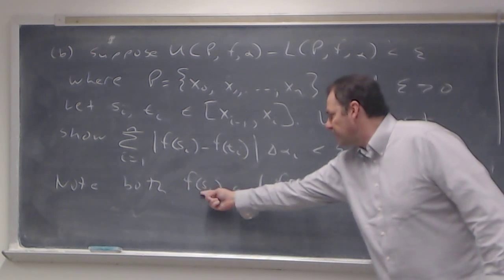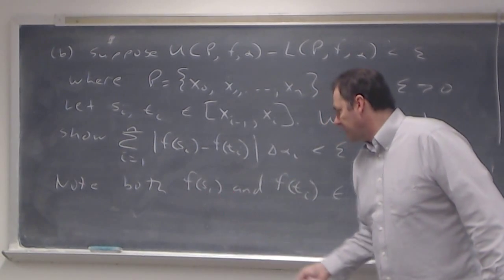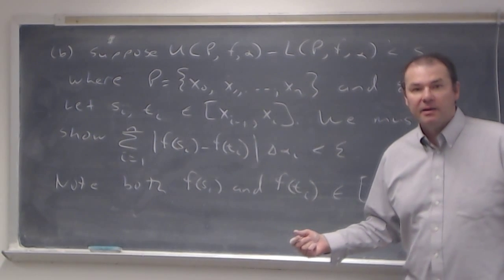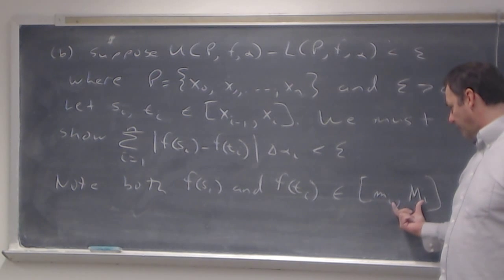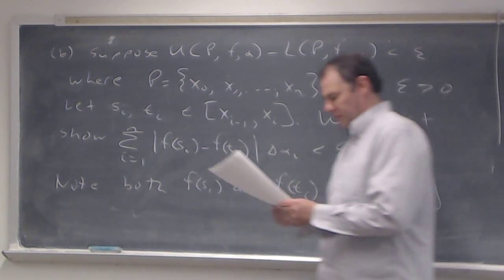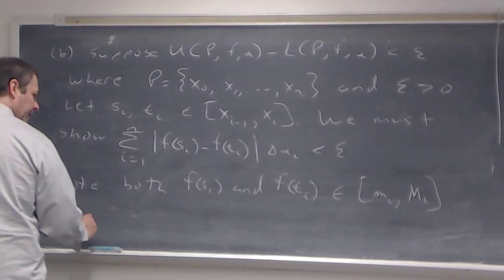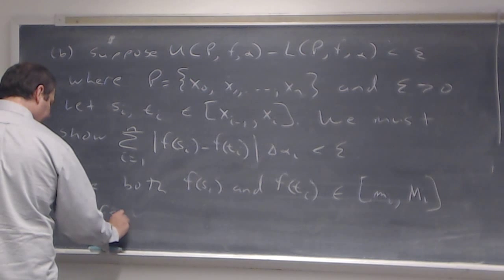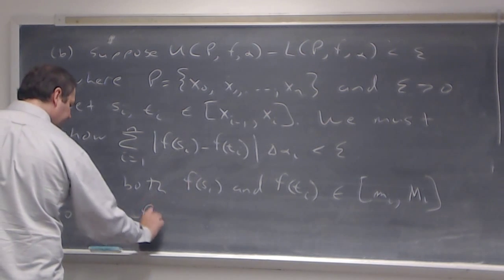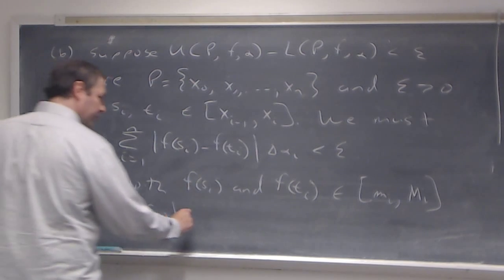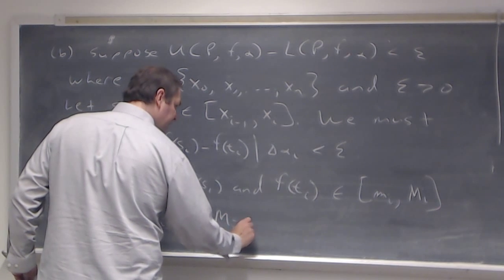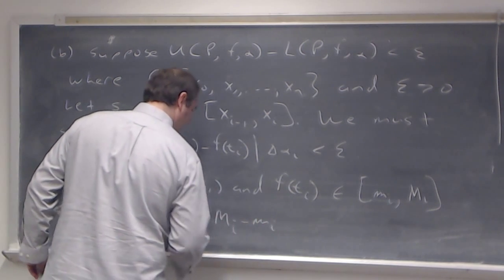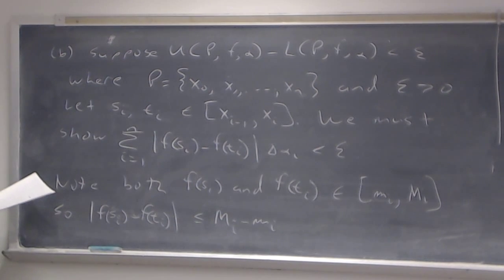And so since these input values are in x sub i minus 1 up to x sub i, their output values have to be between the minimum output value over that interval and the maximum output value of that interval. So the absolute value, the distance between f of s sub i and f of t sub i, their distance from each other has to be less than or equal to the distance between big M sub i and little m sub i. Okay? It's a non-negative number.